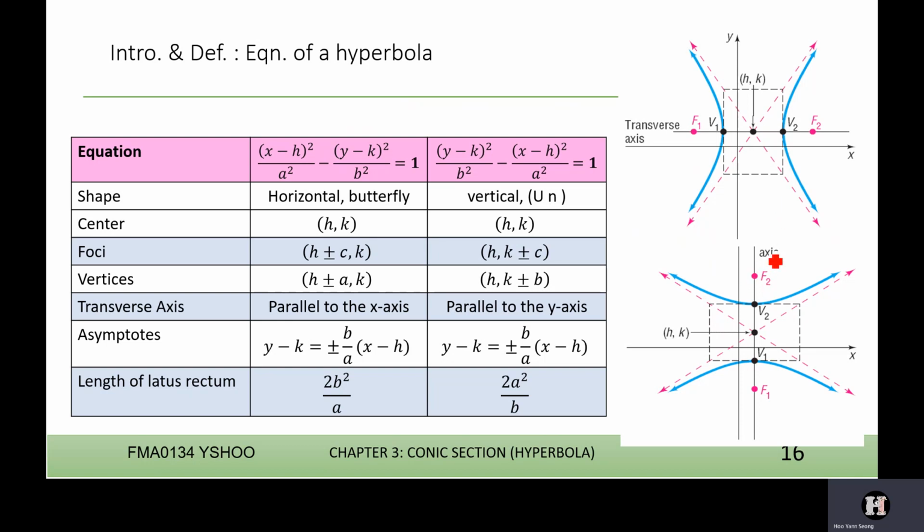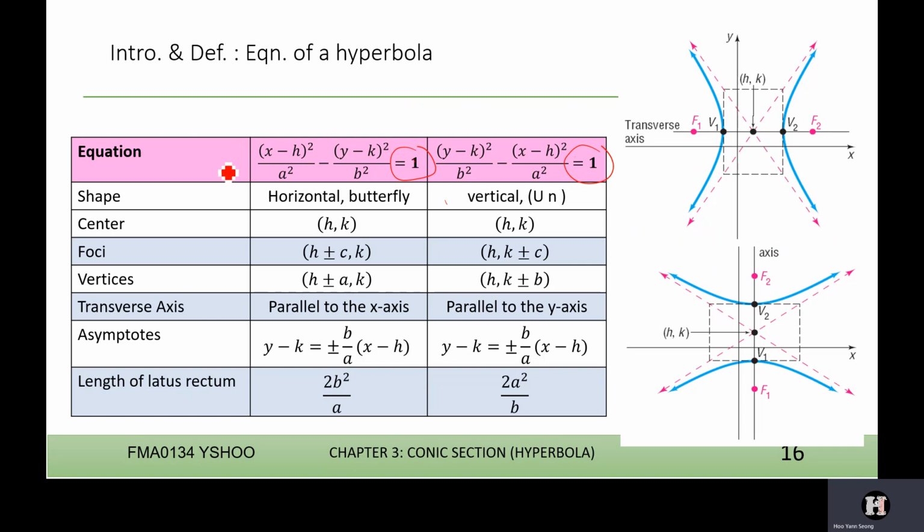Actually it's quite simple. If you still remember, I already mentioned that the right-hand side must equal 1, so for both of them it must equal 1. Then notice that it is either x minus y or y minus x. When your x is in front, you're going to have the horizontal shape, the one that opens left and right, or as my students previously said, it looks like a butterfly.